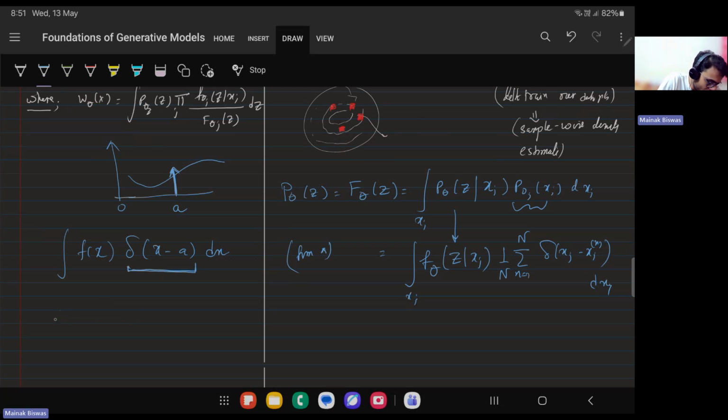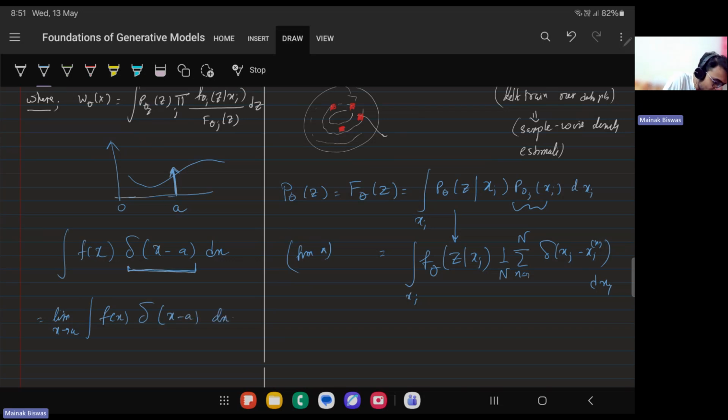It is equal to the integral of f of a, limit x tends to a, f of x delta of x minus a dx.